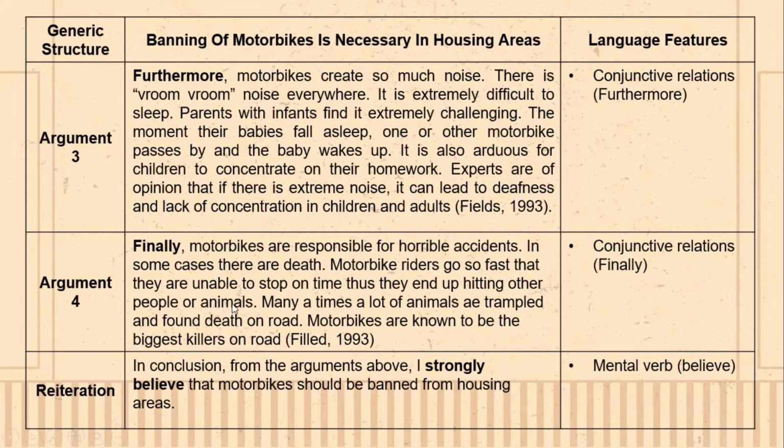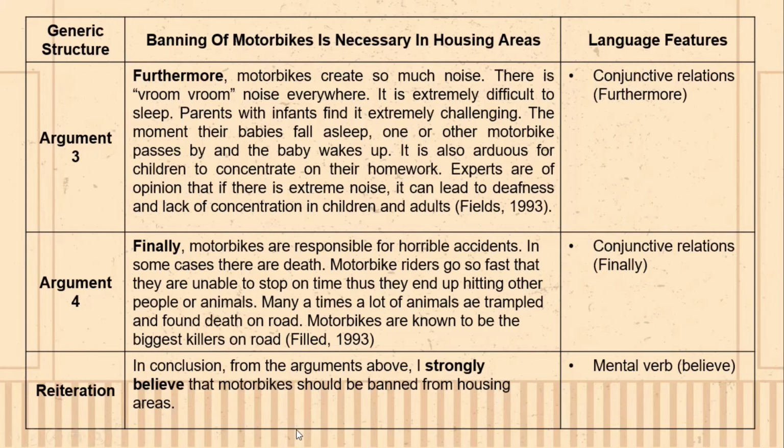Next, the fifth paragraph, as the fourth argument of this exposition text. Finally, motorbikes are responsible for horrible accidents. In some cases, they are deadly. Motorbike riders go so fast that they are unable to stop on time. Thus they end up hitting other people or animals.